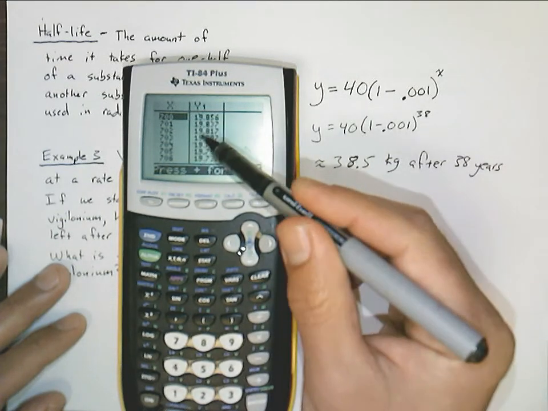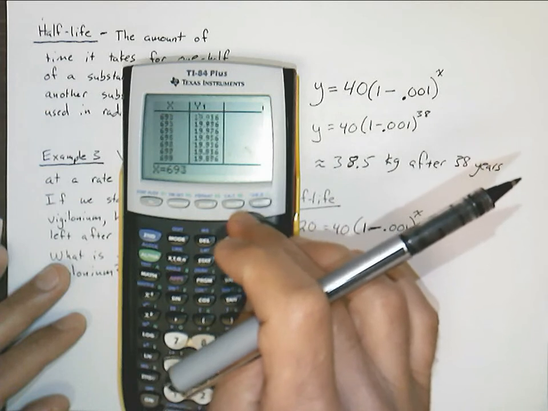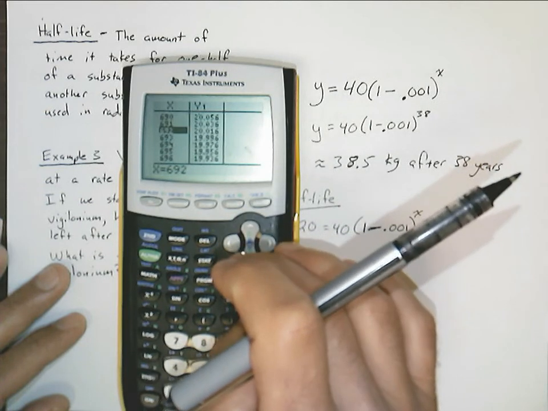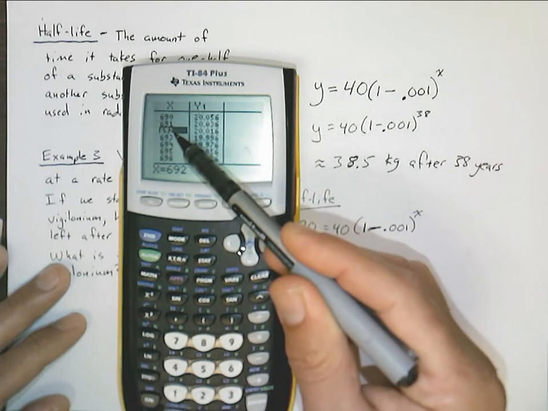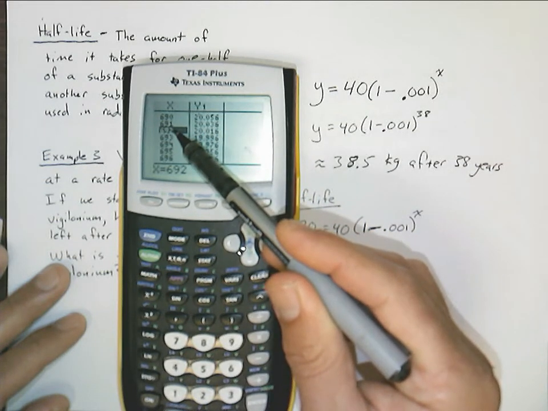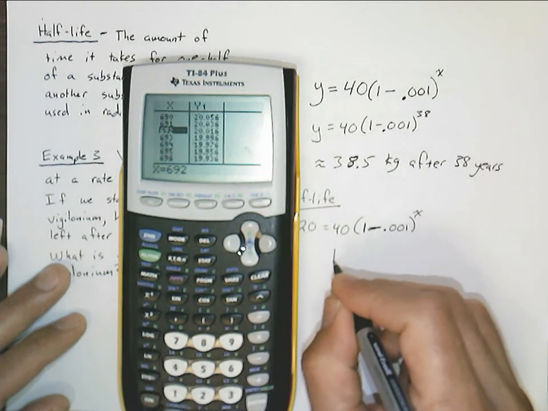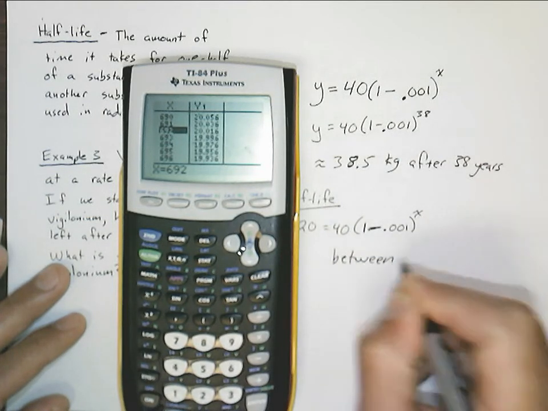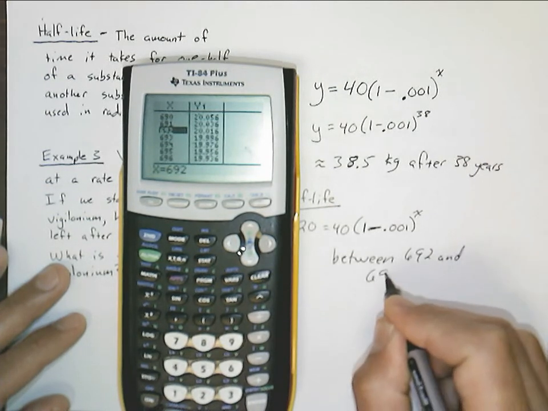Oh, we're really close here, but we're below 20, so it's got to be up here somewhere. Ah, there we go. We first get to 20 kilograms somewhere between year 692 and 693. So the half-life is between 692 and 693 years.